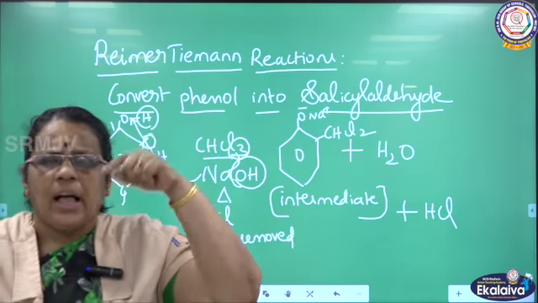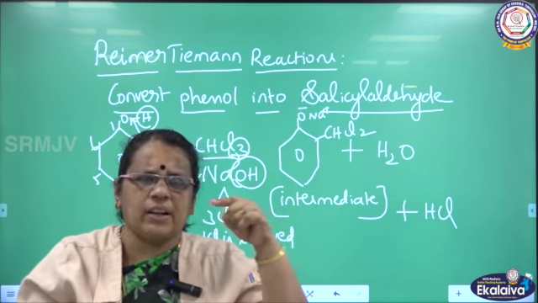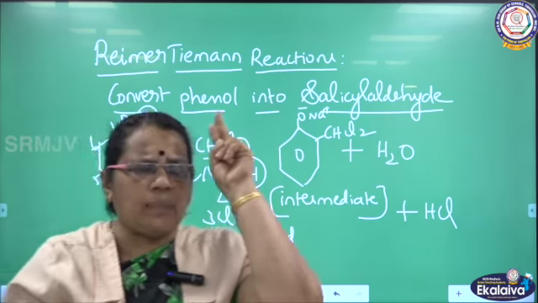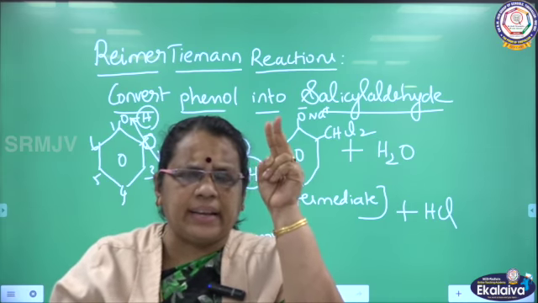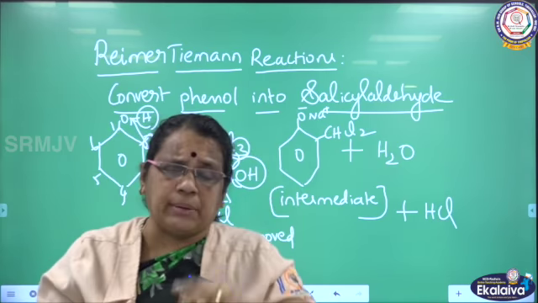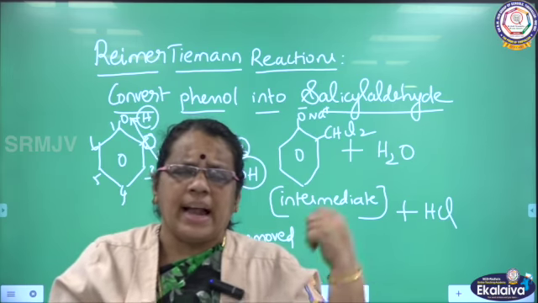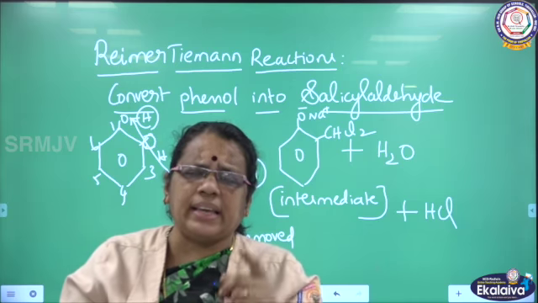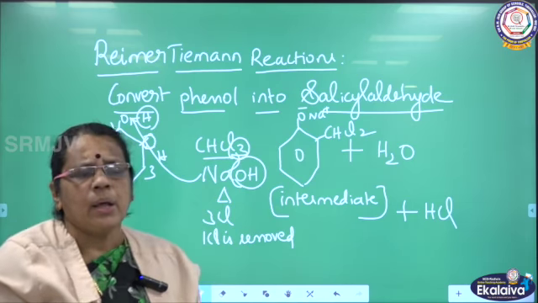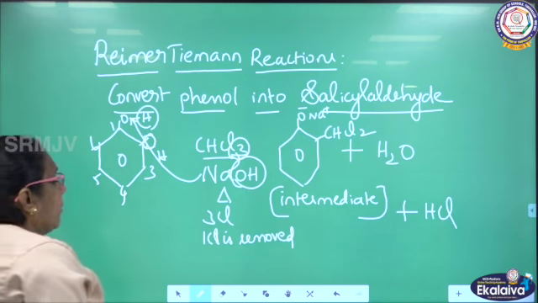Hydrogen from phenol and OH from sodium hydroxide is removed as water. In the place of hydrogen, sodium is substituted. What is the second change? See the second carbon. Every carbon will have hydrogen. I am removing one hydrogen from the second carbon. There are 3 chlorine atoms in chloroform, CHCl3. One of the chlorines is removed and combined with hydrogen, removed as HCl. What is remaining in chloroform? CHCl2 is substituted there. So it is an intermediate compound.